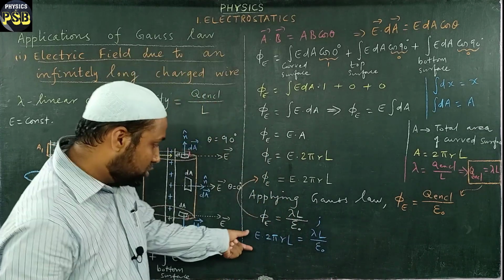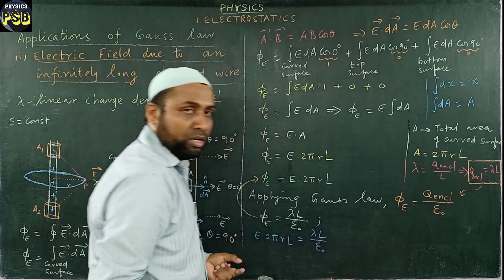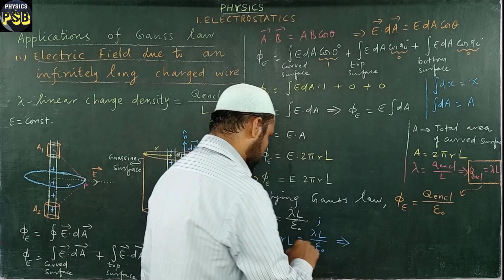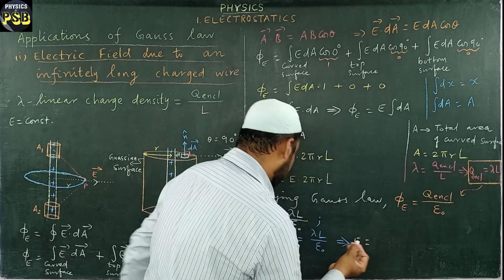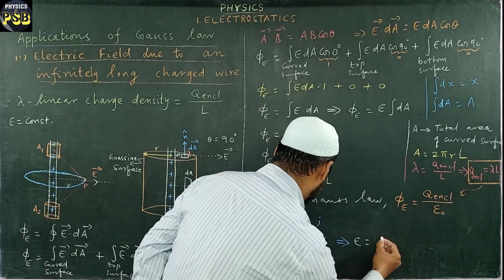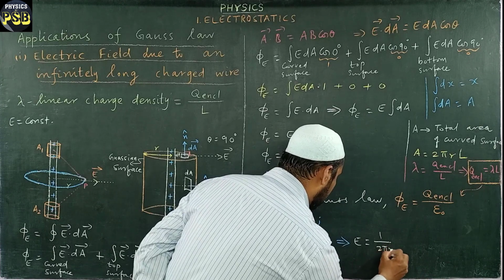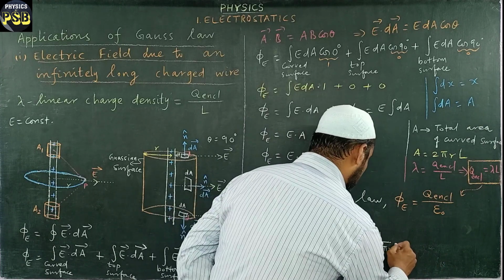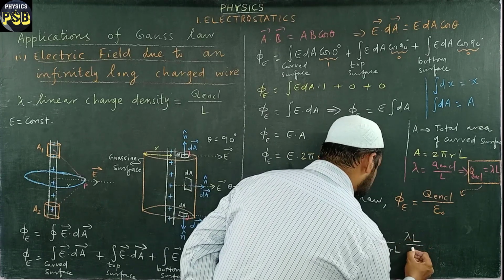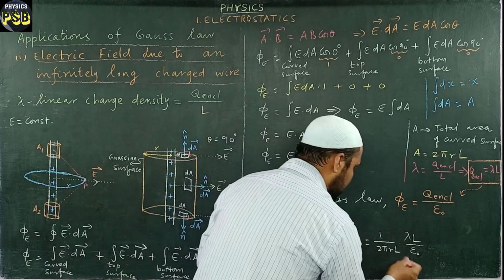Now our aim is to get the expression for E. So I keep E this side and the remaining terms are taken to the right hand side. I get this equation. E is equal to one upon 2 pi r L into lambda L upon epsilon naught. Here similar terms get cancelled.